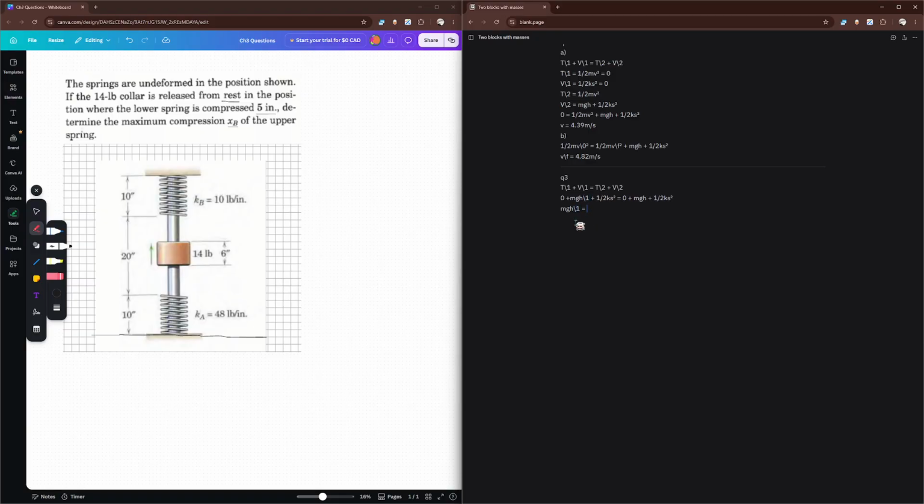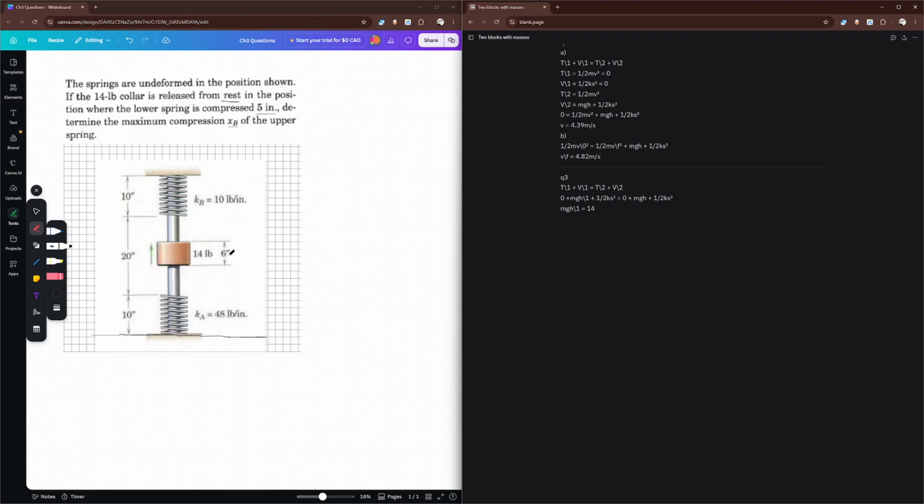mgh1 is equal to, so mass is 14 pounds, I mean, that's just weight. So weight is 14, so mg is 14. And h is, we go down here. We've pushed this down 5 inches. This thing is 6 inches long.